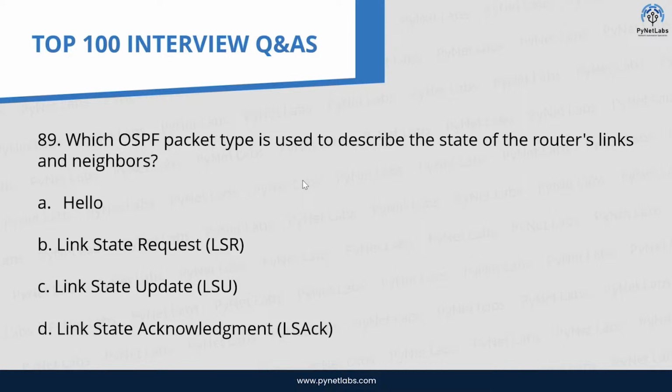Designated router and backup designated router information is there, the list of neighbors is there, and if authentication is used, that is also there. So this is why we say the hello packet is a very important aspect of OSPF. That's the thing in terms of the OSPF hello packet.